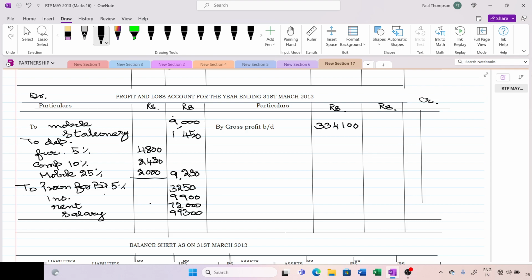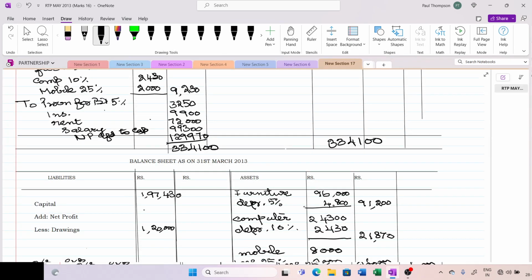Minus 334,100, 129,970. This is the net profit transferred to capital account. NP transferred to capital account. It comes to 334,100, 334,100.